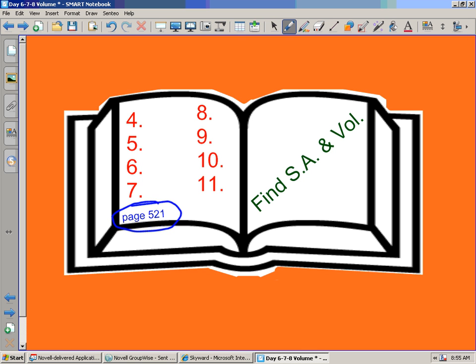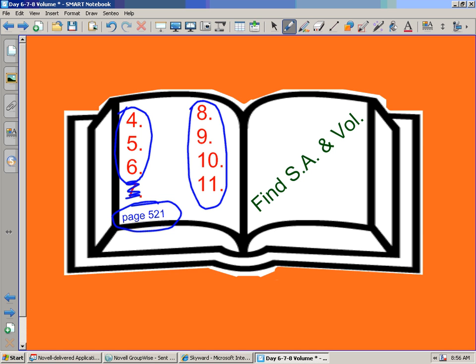Assignment for today is actually on page 521 of the blue book. So for those in the regular math class, you can use the blue book. For those in the green section, you'll either have to open the blue book online, or I will have a copy of this page in my worksheet section. The assignment is problems 4, and I'm actually going to cross off 7 here. Let's just do 4 through 6 and 8 through 11.